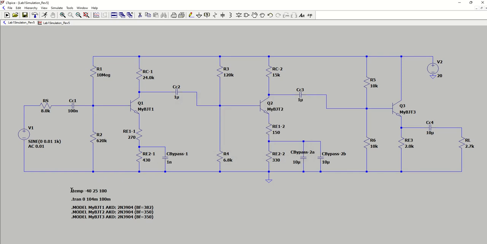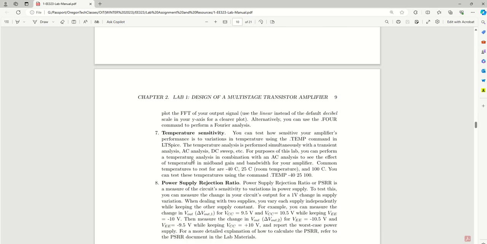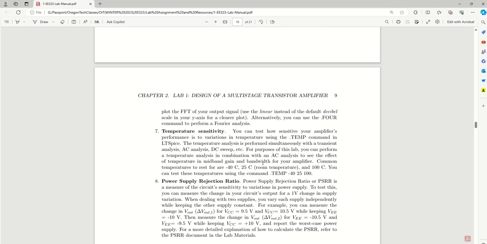And then I'm going to go ahead and place this down here. I got these values from the lab manual. Common temperatures to test are negative 40, 25, and 100 degrees. And 25 Celsius is about room temperature.